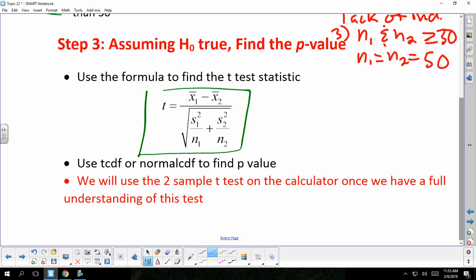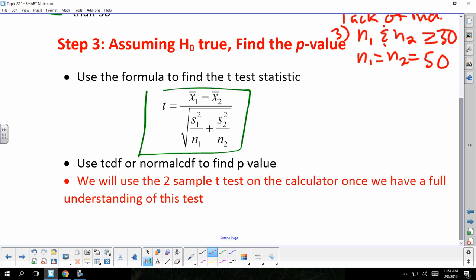Remember, when we were discussing means, we had the z-test or the t-test to choose from. We would choose the z-test to compare population means if we know both population standard deviations. Then it will be a z-test statistic, and we can use normal CDF.